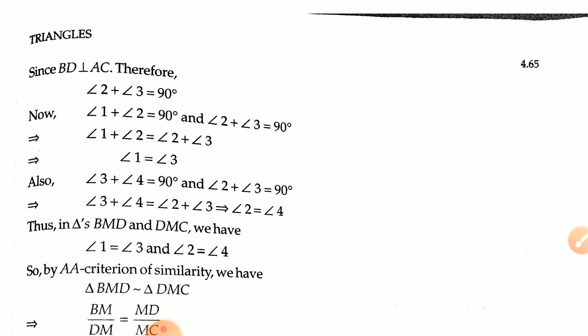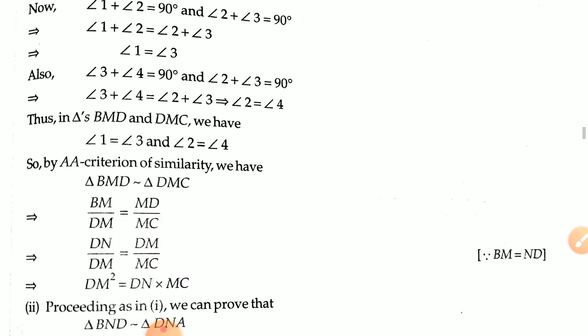So by AA criteria, the corresponding angles of the two triangles are equal, and therefore both the triangles are similar. Triangle BMD is similar to triangle DMC.